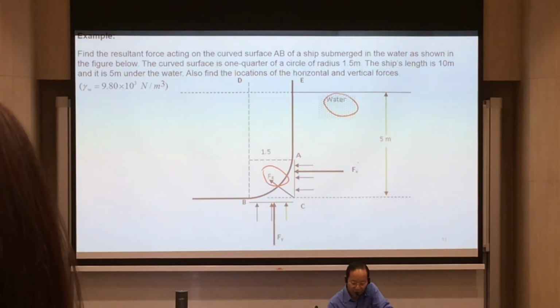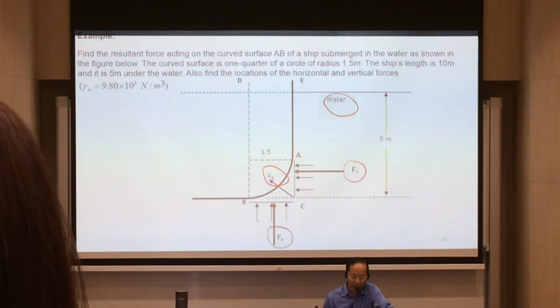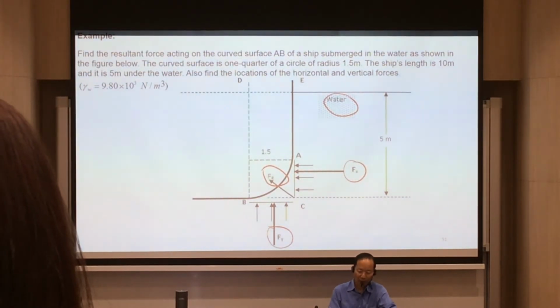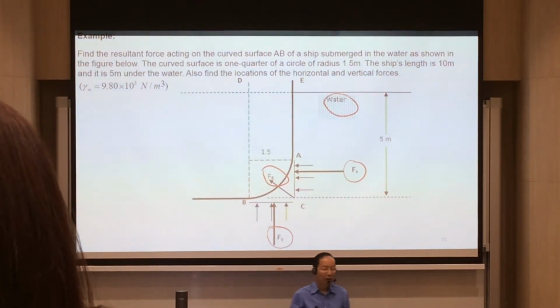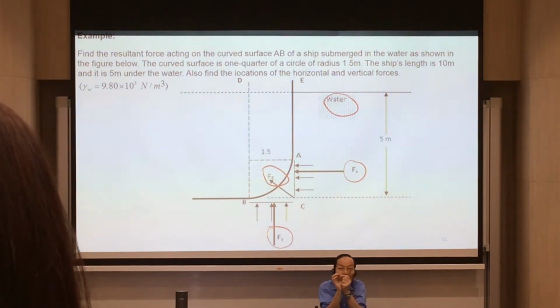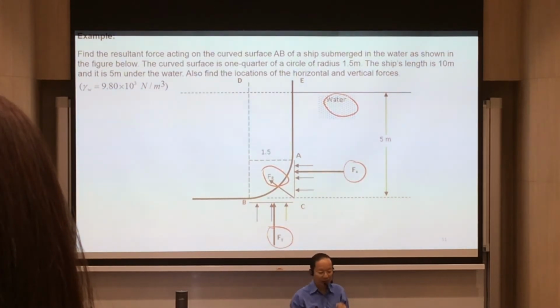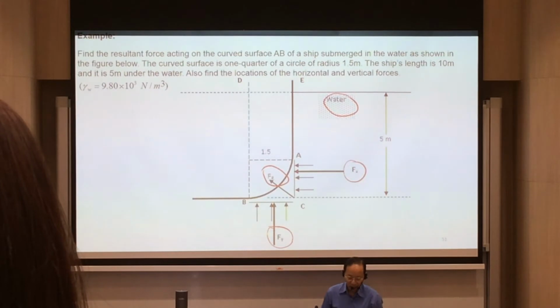So the horizontal force is Fx, and its location of that Fx. And also the location of the vertical force, which is Fy. So make sure when it comes to exam question, you study the question carefully. Don't miss out any part of the question. You miss any part of the question, you can't get marks for it.